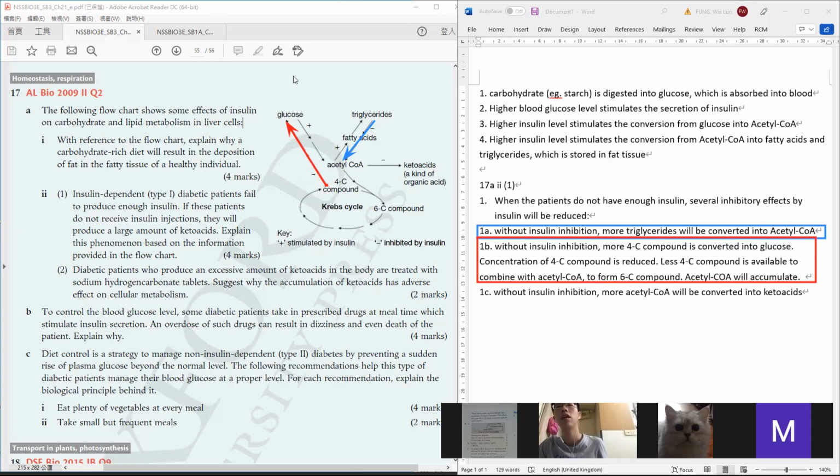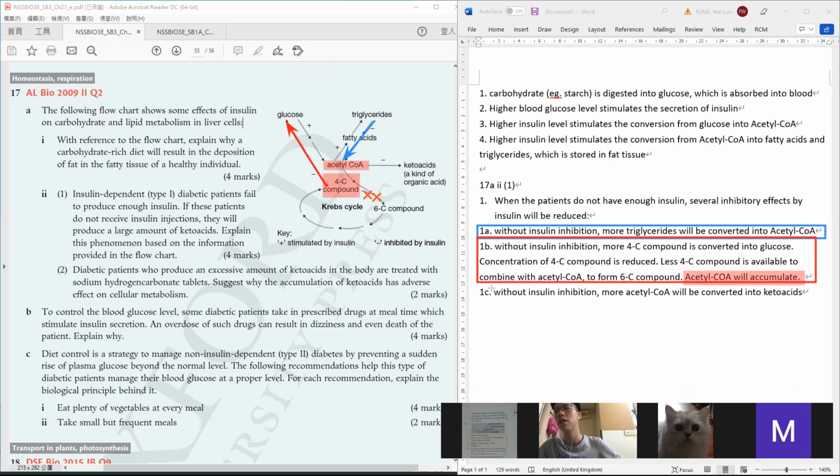So we no longer have 4C compound available. Nobody to bind with acetyl-CoA. Therefore, they do not form 6C compound. So therefore, acetyl-CoA will accumulate. Last point.